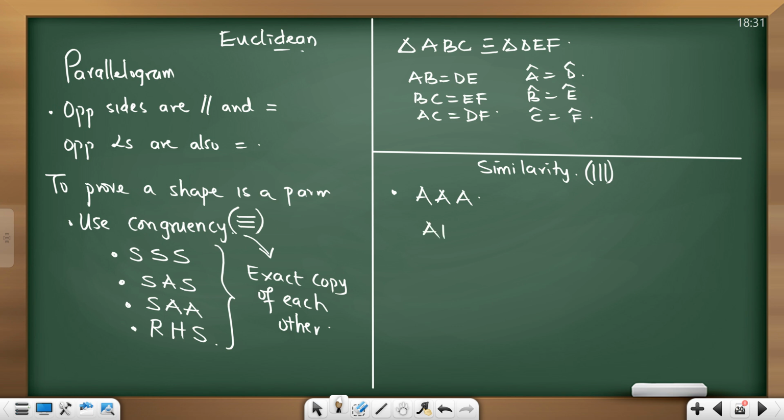Okay, and if I say triangle ABC to triangle DEF, quickly, what are we going to have? AB.